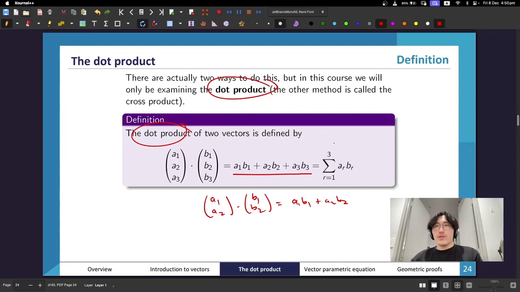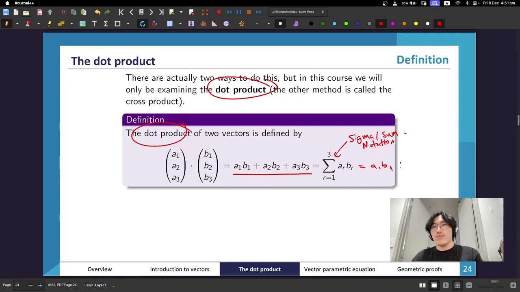If you're ever in a situation where you're proving things, you might want to use sigma notation, or sum notation, and if you expand it out, this just becomes a1b1 plus whatever the left-hand side was. Whatever feels comfortable for you in memorizing, do it, but I'm sure all of you will just think of it like this: super easy, right? This times this plus this times this plus this times this. The simplest way to remember it.